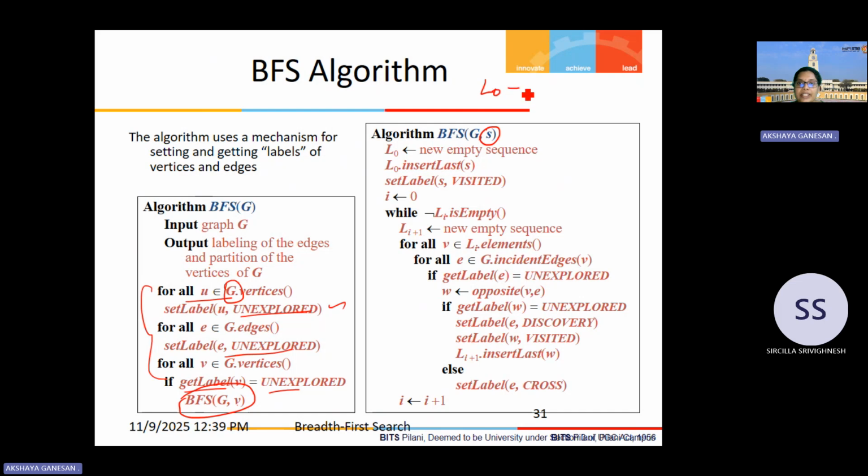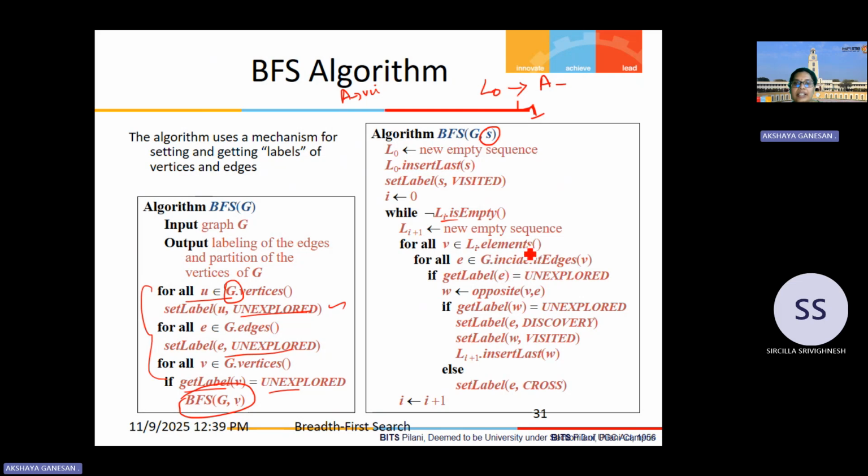So L0 is empty first. Okay. You insert the source vertex. So this is A. And the label of A becomes visited. So A becomes a visited node. Now, while L is not empty, you create a new empty sequence L1. Okay, L1, the next level, we are creating.